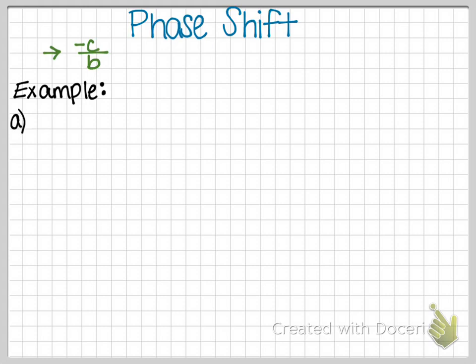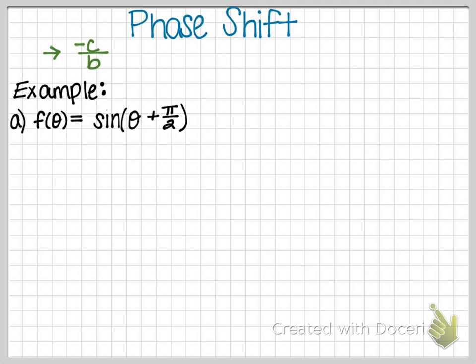So first we'll start with something that just has phase shift in it. So we'll talk about f of theta equals the sine of theta plus pi over 2.